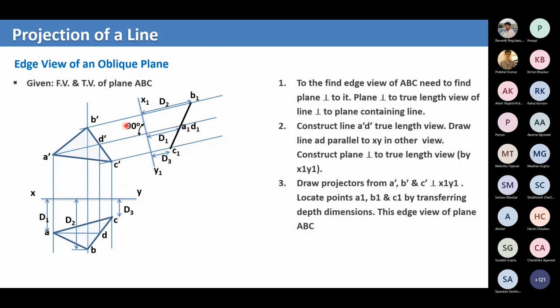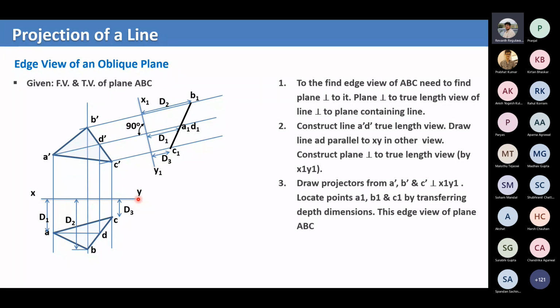That's all. Now what you do is you draw a line which is parallel to the XY line. So this is AD, which is parallel to XY. So why do you do that? We already know that when a line is parallel to the XY line in any of the projections, then its true length will be shown in the other projection.